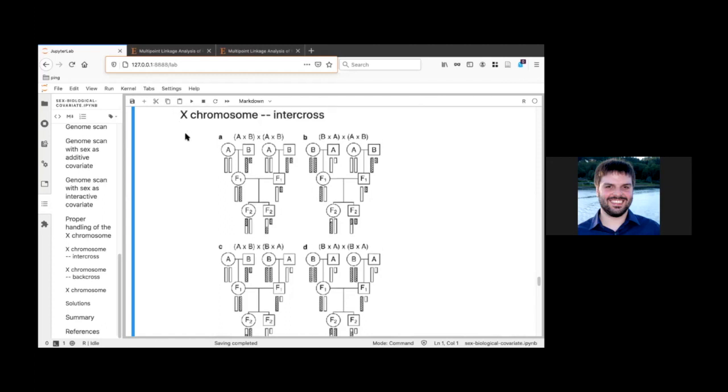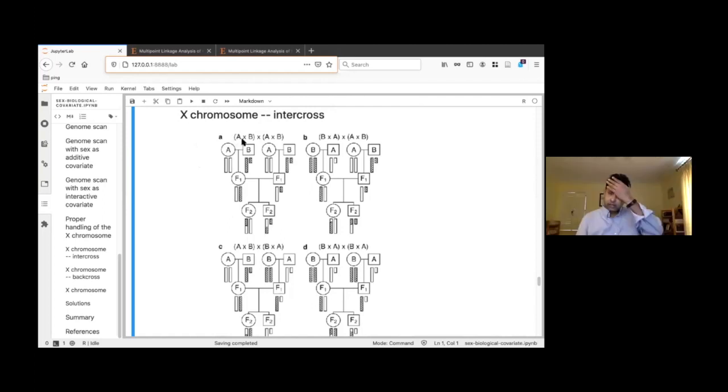The other question is the mitochondrial effects, and that would come from the maternal line, right? So in this case, all of these have the grandmother as A. That's another piece that could potentially come into play.